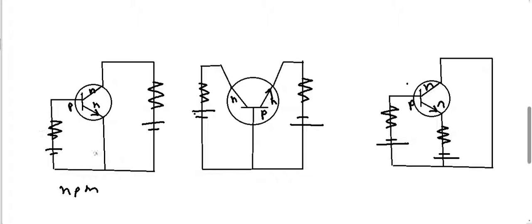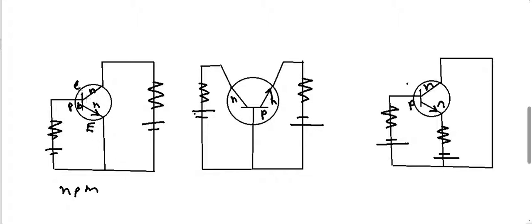So this satisfies our normal transistor criteria, where the emitter and the base are forward biased. Similarly, because this side is the emitter and the middle is the base, this side must be the collector. So this line is emitter, this line is base, this line is collector, C.